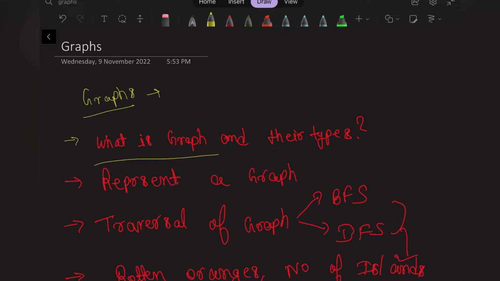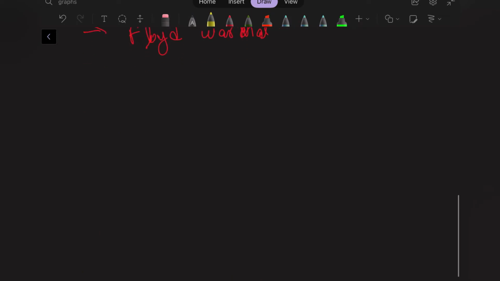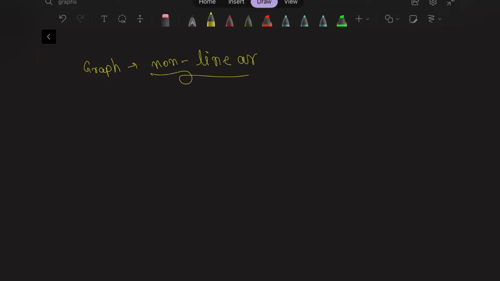What is graph and their types? So in terms of data structure and algorithm, graph is a linear data structure. No, it's a non-linear data structure. What is the thing that differs between linear and non-linear? Suppose we have a linked list.